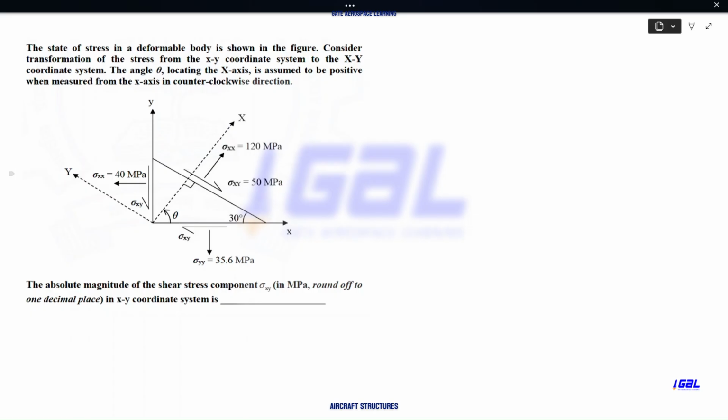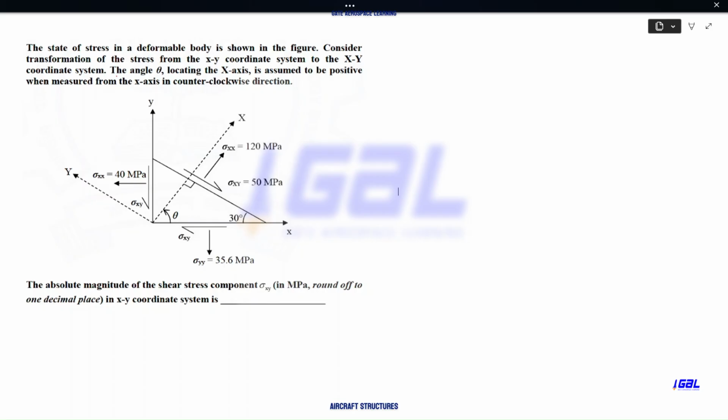Be careful, they have given small y and x, and they are talking about capital Y and X. So they are transforming the stress system by theta, which is at 30 degrees from the small x axis. They have told us that the angle theta located at the capital X axis is assumed to be positive when measured from the small x axis in the counterclockwise direction, that means in this direction.